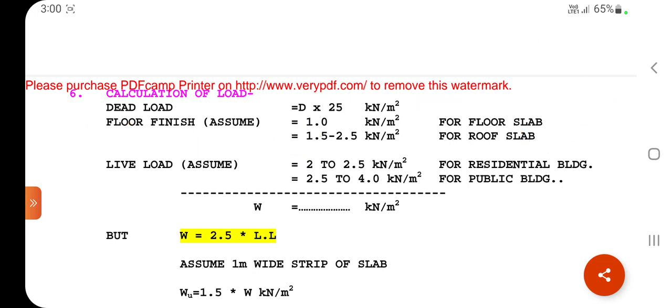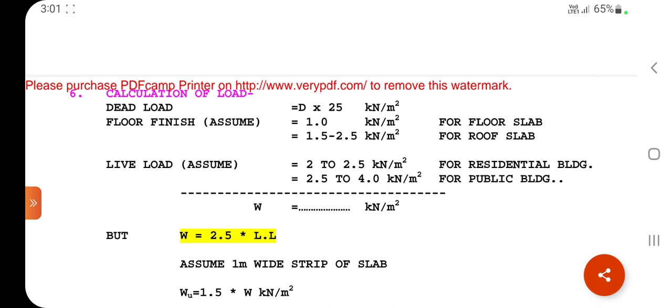Now after this we calculate the live load. If it is not mentioned in the statement, we have to assume it. So how to assume it? First, for a residential building it is 2 to 2.5 kilonewton per meter square.